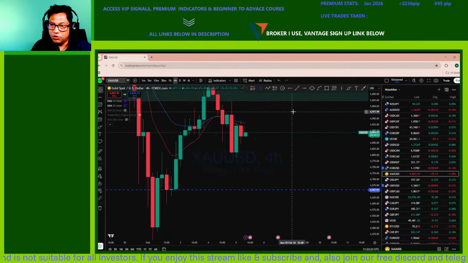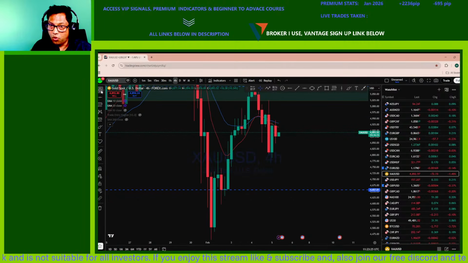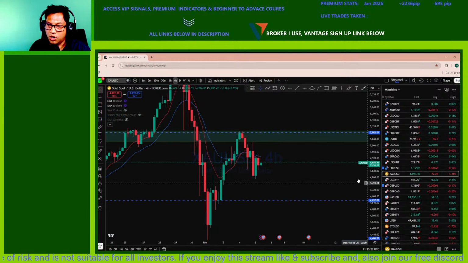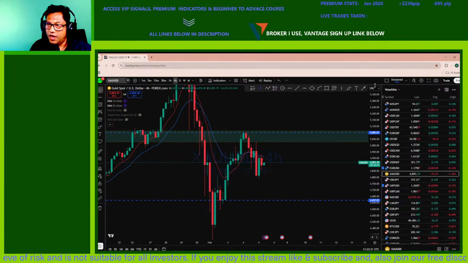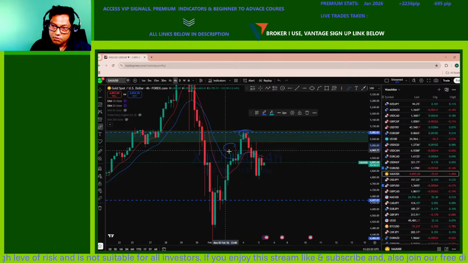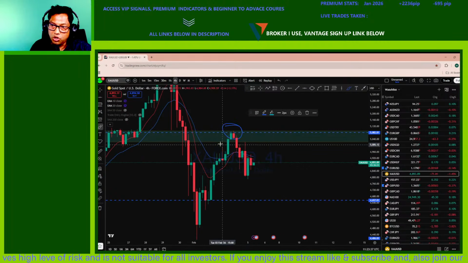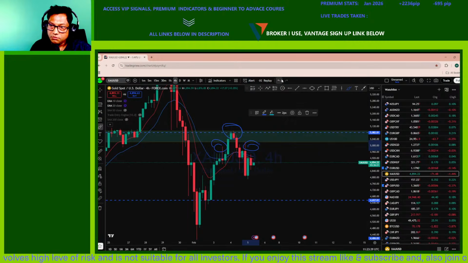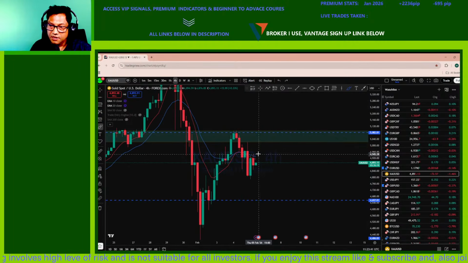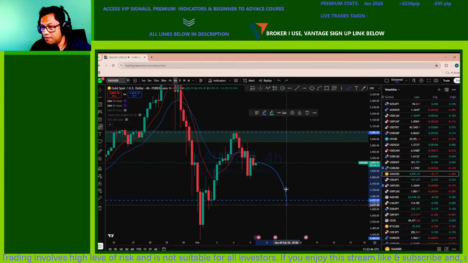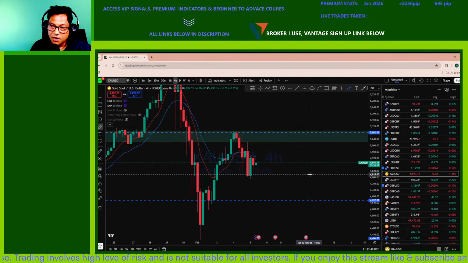If you look at the intraday or the 4-hour chart, you can see the market in the lower time frame forming a head and shoulders at this point. With this head and shoulders formation, the price action is showing that there might be a move back in that market.